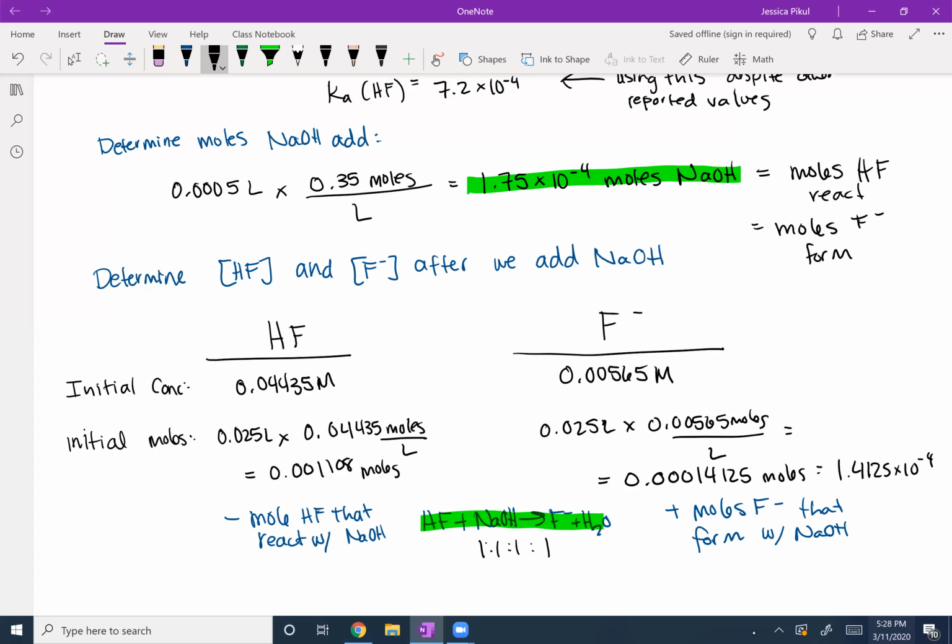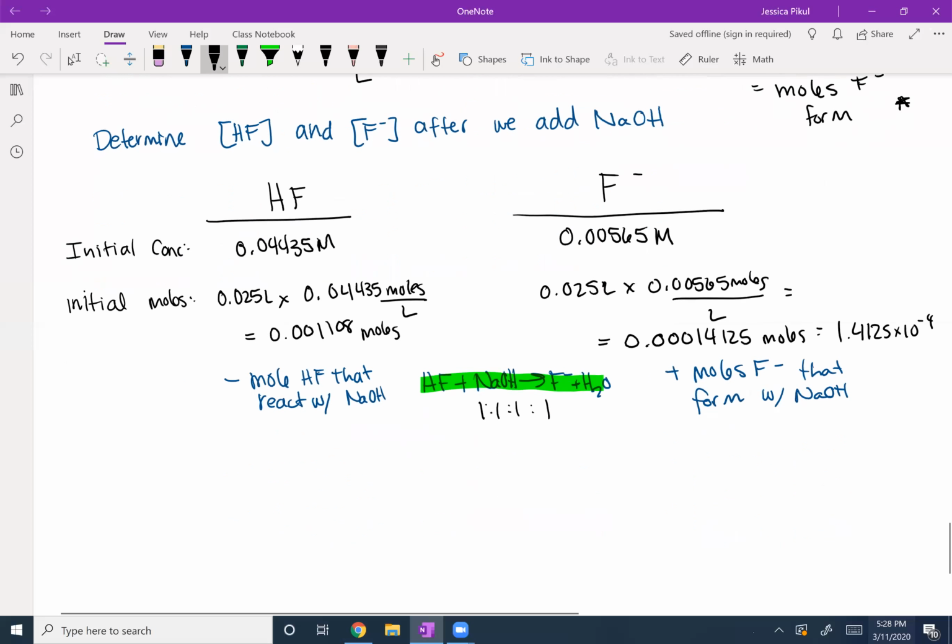If this was a diprotic or triprotic acid, this step would change, and we would need to do a mole-to-mole conversion that wasn't just 1 to 1, but instead 2 to 1 or 3 to 1. But since this one is simple, we'll go ahead and calculate our final moles for both our hydrofluoric acid and our fluoride.